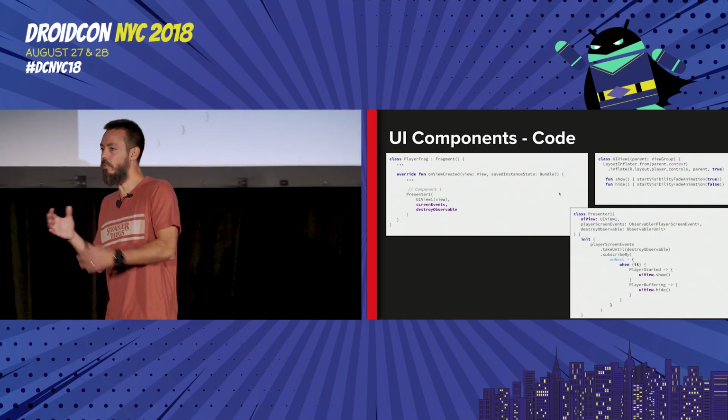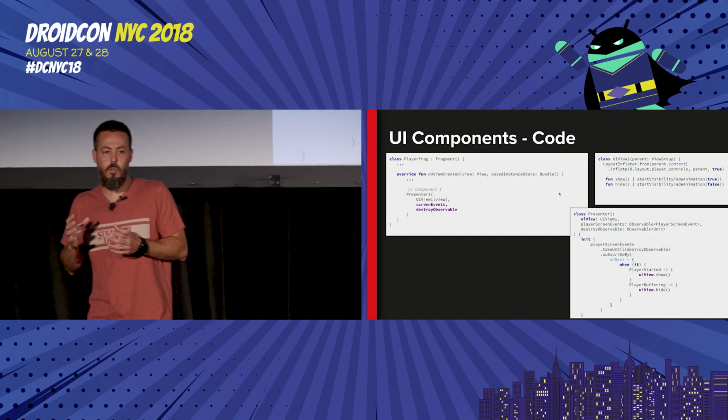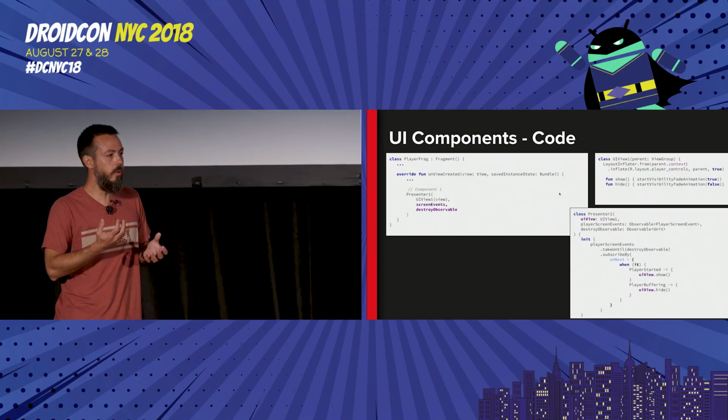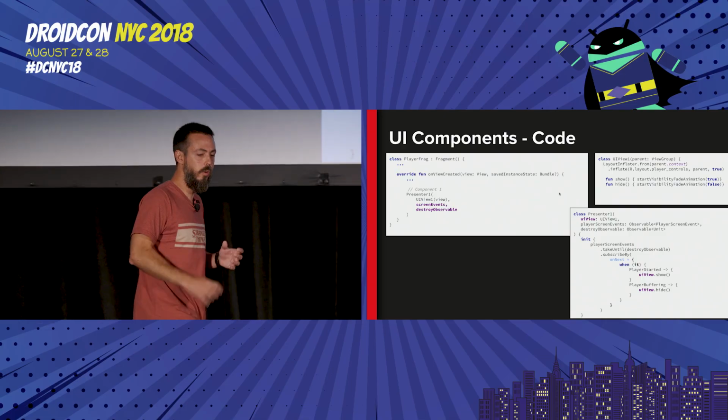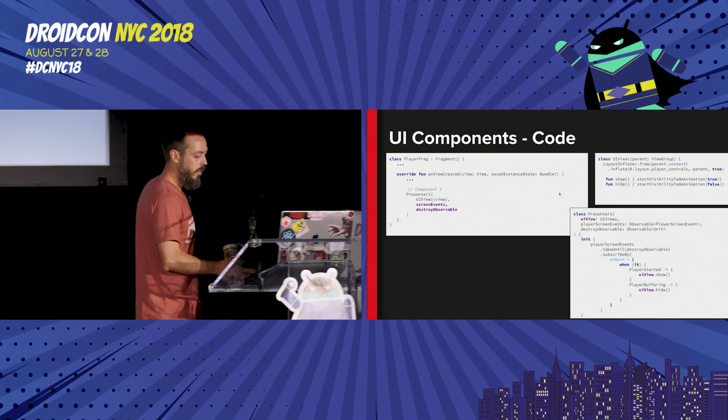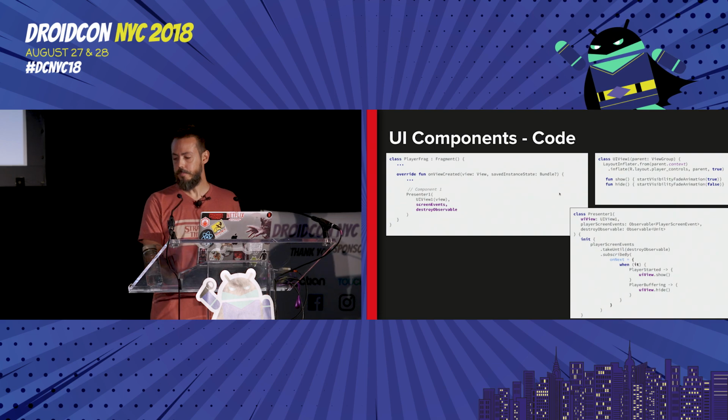It's a good place to isolate all the animations, and then you know exactly what that view does when show is invoked. It controls its own animations. You don't have to apply that in other places. So that's how the code looks.